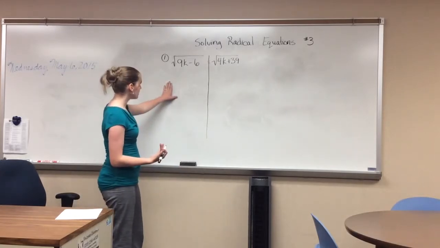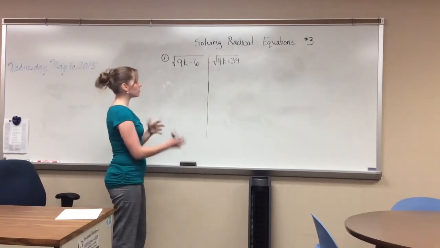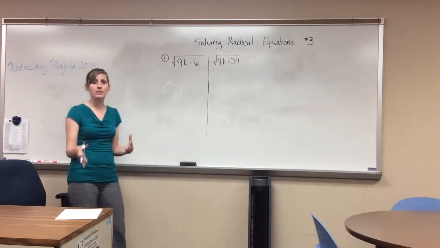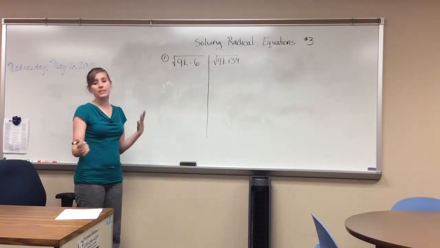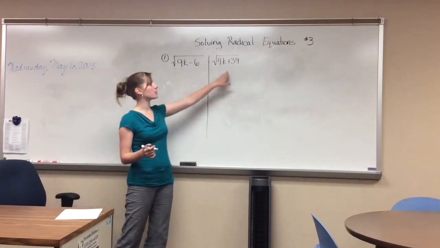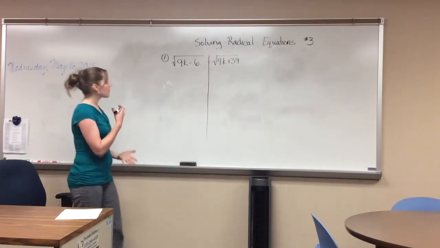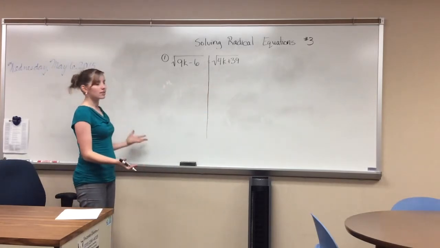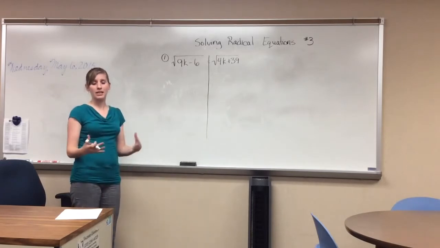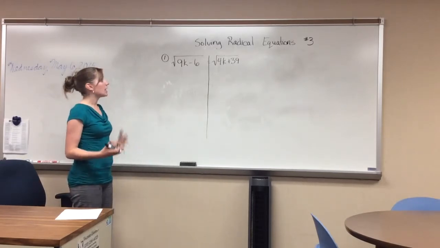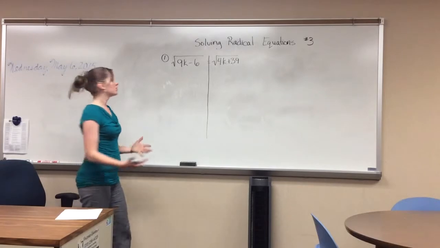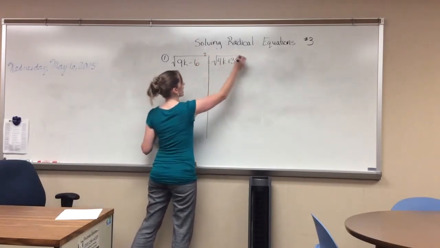Here, we have no numbers outside the square root. Everything's underneath the square root, and we have a square root on both sides. Because there's no numbers outside, our first step is to cancel out the square roots. The opposite of a square root is to square both sides.